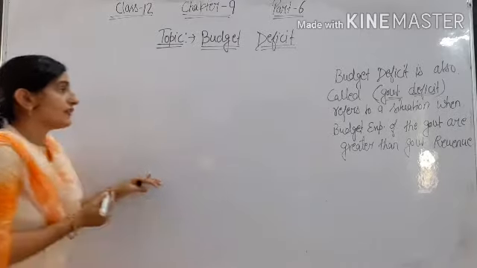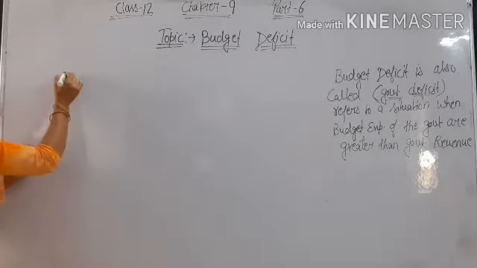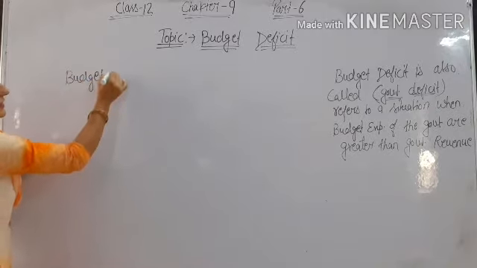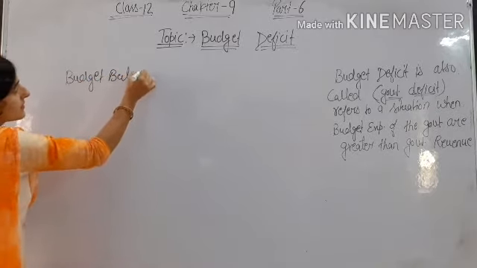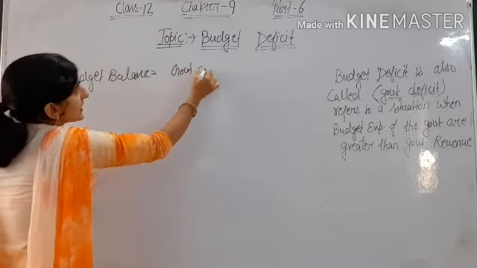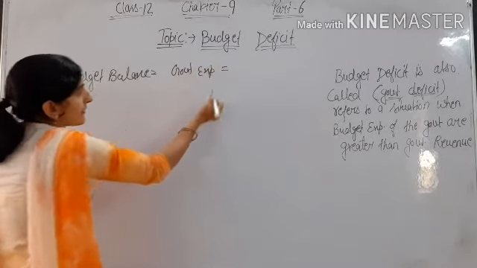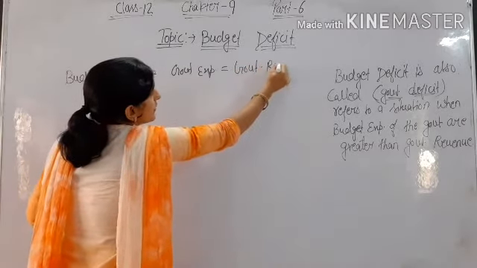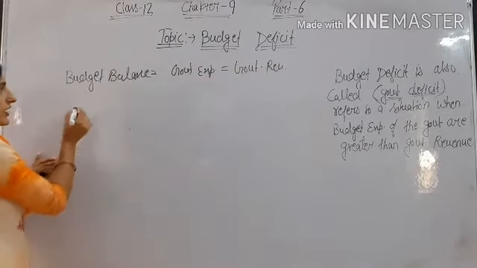So budget deficit, we have discussed that budget. First is budget balance. It means government expenditure is equal to government revenue. Both are equal.